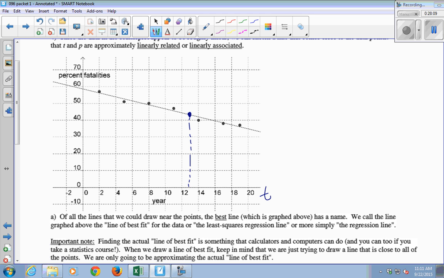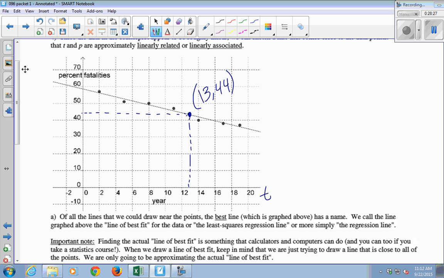So I find 13 in my year data, I go up to my line, and I need to know the y coordinate of that point. So I go over to the y-axis, and it looks like the y coordinate would be something like 44. Sure, 44. So that point looks like (13, 44).